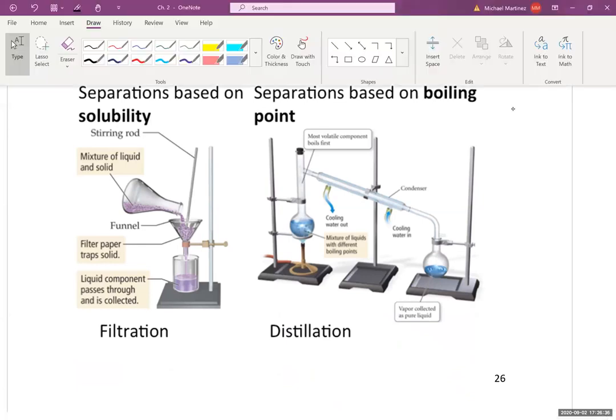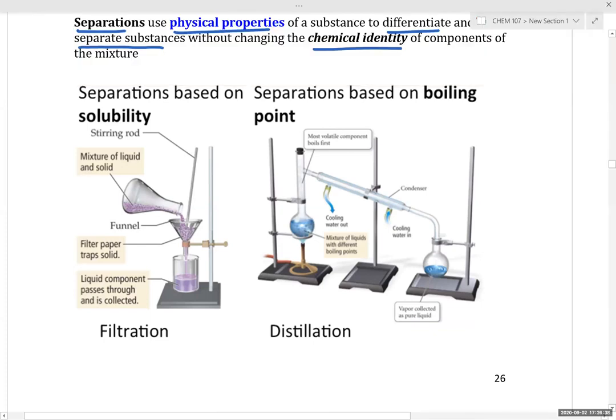So if you've ever brewed coffee in the morning, you certainly don't want to drink the ground up coffee, right? So inside your coffee machine, you separate the liquid and the coffee grounds using a filter.